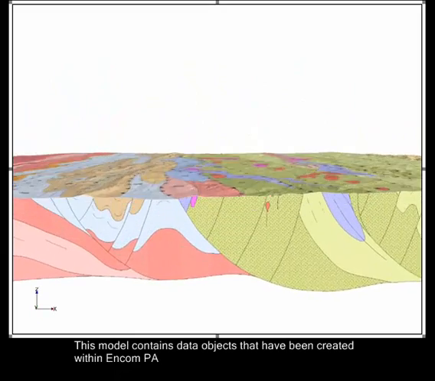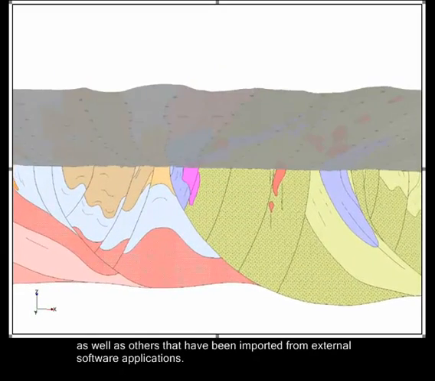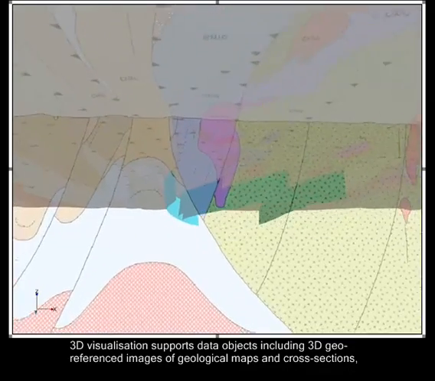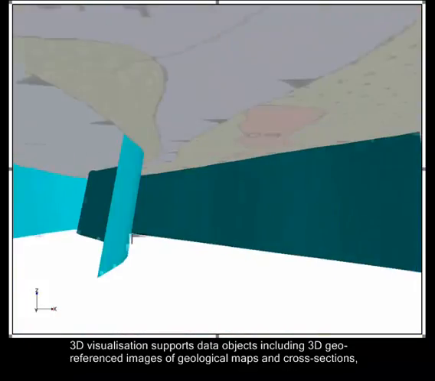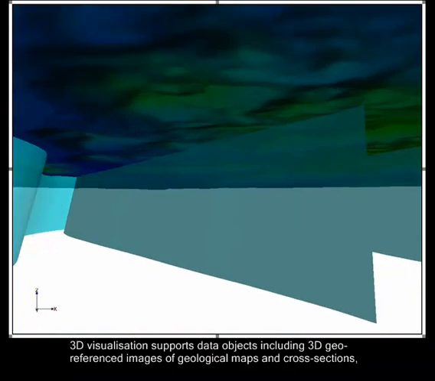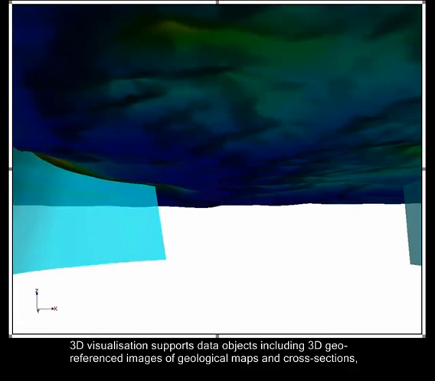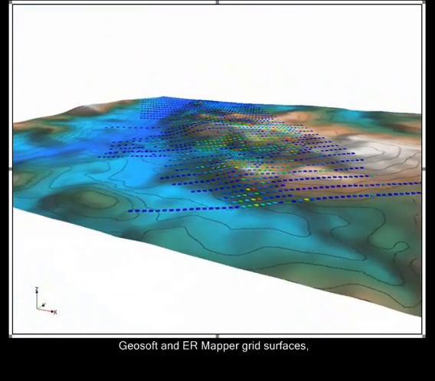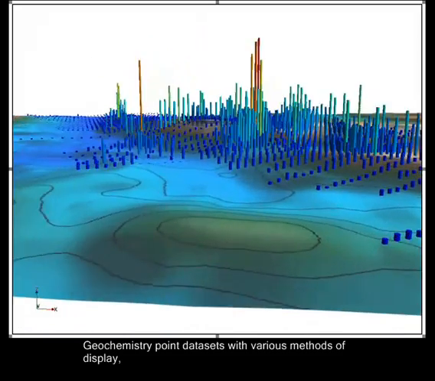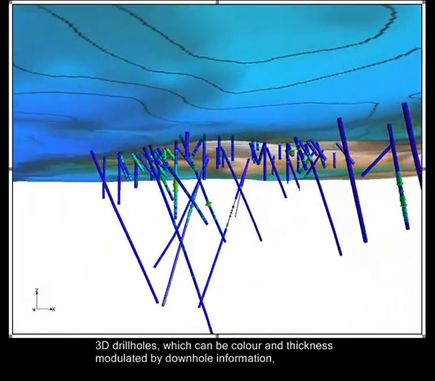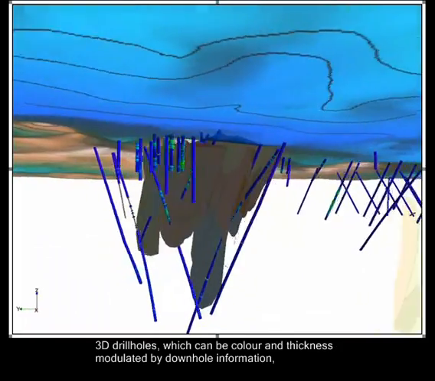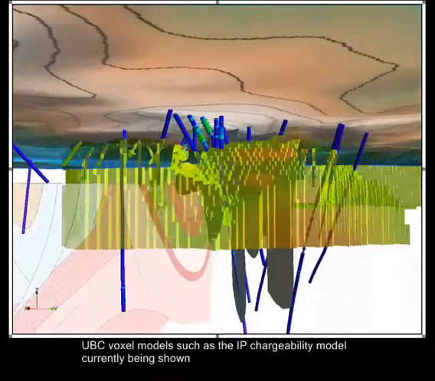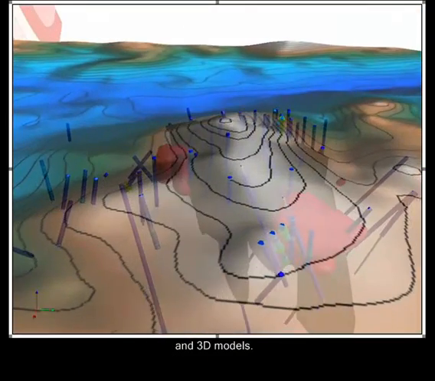This model contains data objects that have been created within EncomPA as well as others that have been imported from external software applications. 3D visualization supports data objects including 3D georeferenced images of geological maps and cross-sections, extruded 3D fault planes, Geosoft and ERMapper grid surfaces, geochemistry point datasets with various methods of display, 3D drill holes which can be color and thickness modulated by downhole information, UBC voxel models such as the IP chargeability model currently being shown, and 3D models.